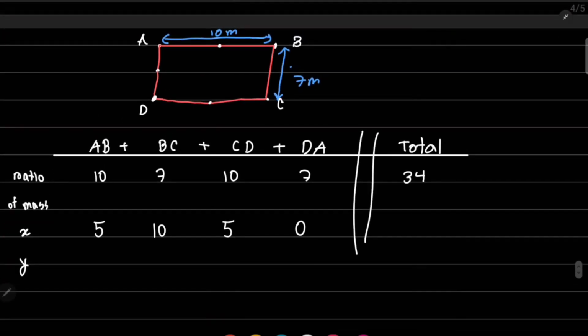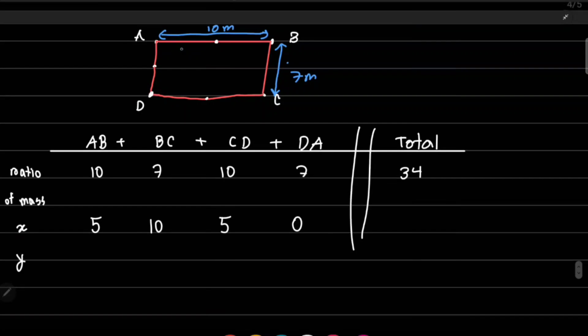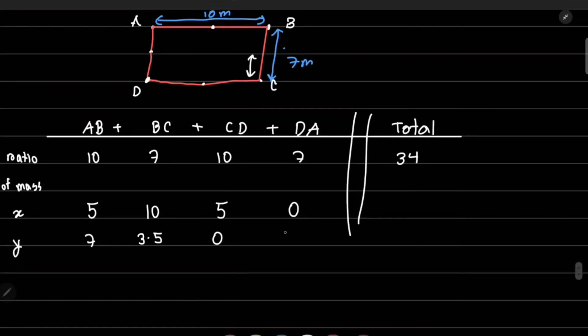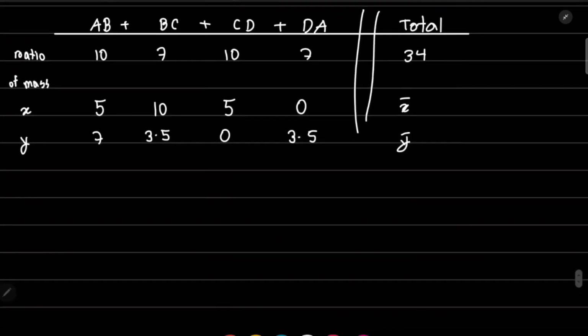Now about the y coordinate, AB will have a y coordinate of 7, BC will have a length of 7 divided by 2, so 3.5. CD has y bar of 0, and AD has a y bar of 3.5 again. This is x bar, this is y bar. Now we can find x bar and y bar.